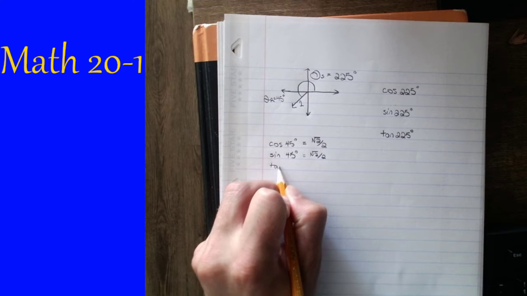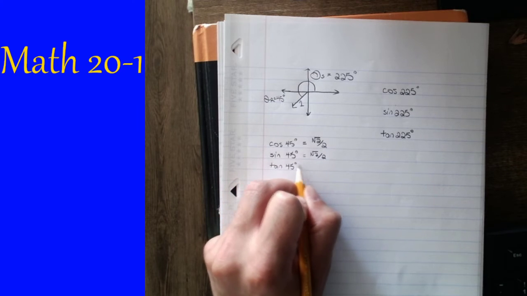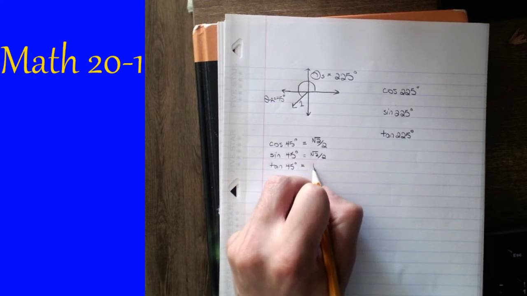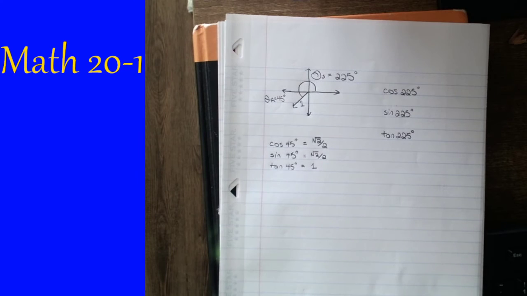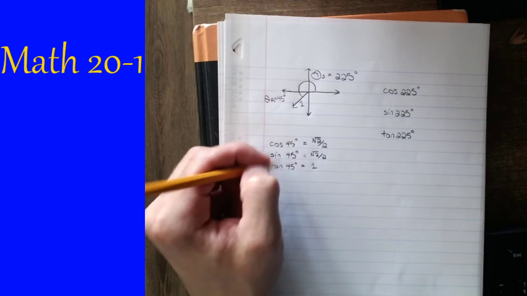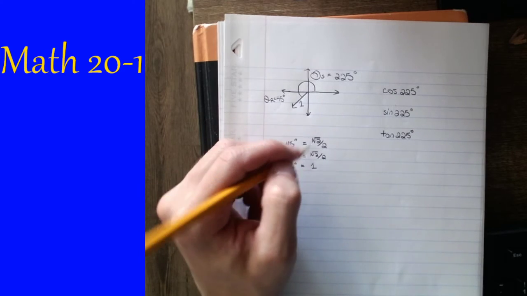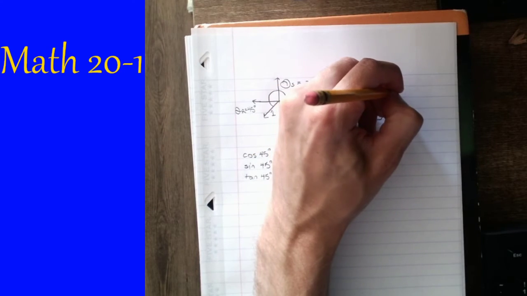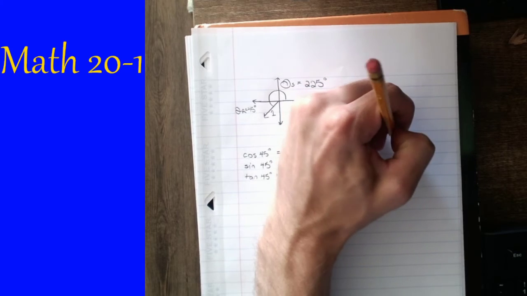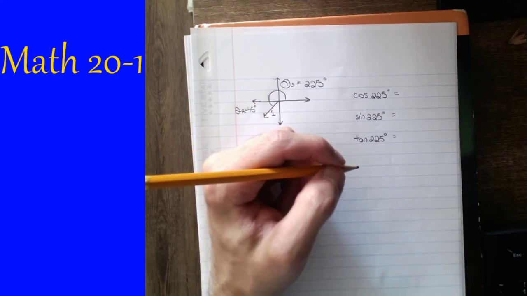And then tangent 45 is equal to just 1. So those are our reference angles, however. We now have to take those ratios and apply them to our new angle of 225 degrees.